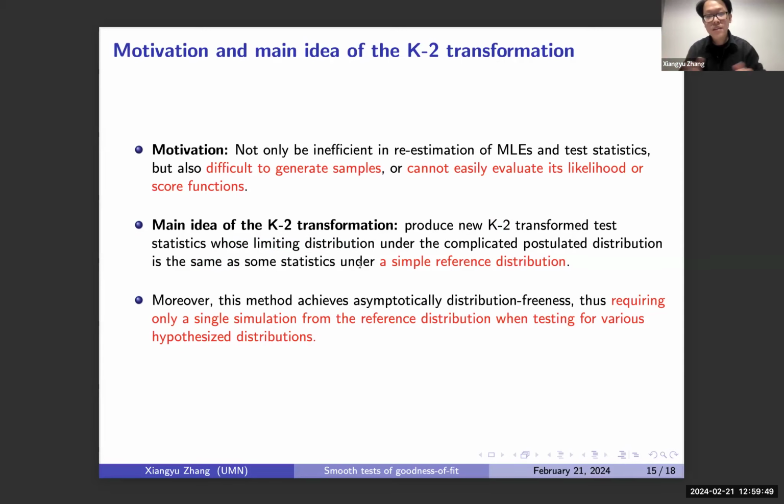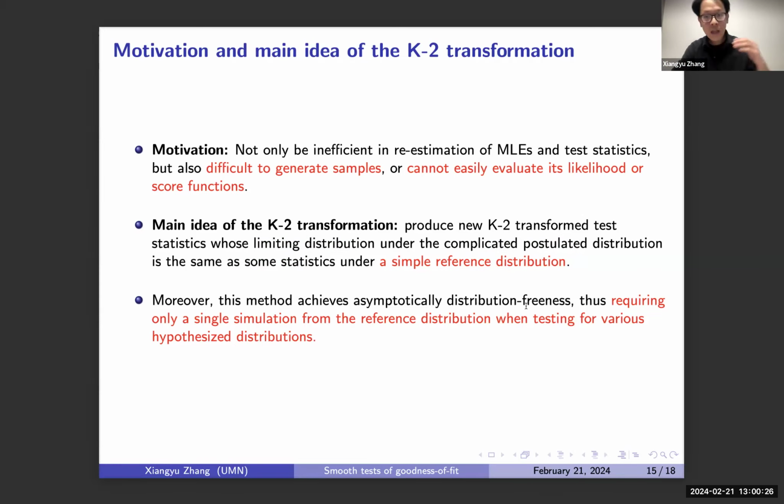This is very useful because you can perform a parametric bootstrap by sampling from this simple reference distribution and generating the test statistic, and it will have the same limiting distribution as the test statistic under the complicated postulated distribution. So for your inference, you only need to calculate the complicated test statistic once, and you can simulate from the simple reference distribution and calculate the test statistic.